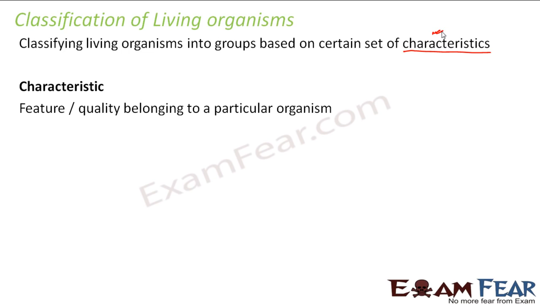What do you mean when you use those terms, features or qualities? Something which is very specific to that particular person. So when you are talking about a guy who has some good qualities, that means those qualities are associated with that person, right? Similarly, when I say characteristic, it is a feature which you can easily associate with a particular organism. Based upon such features, we try to find the common characteristics between different organisms, and based upon those characteristics, we divide them into groups.